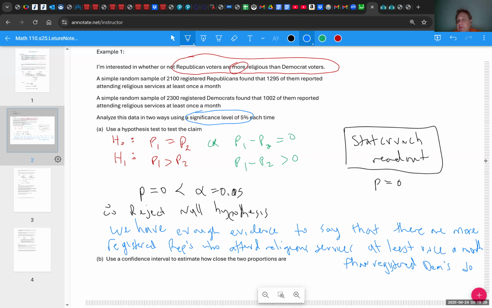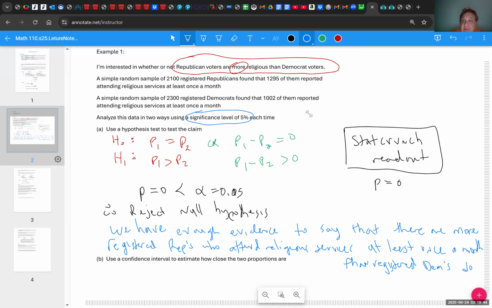Okay, so we have enough evidence to reject the null hypothesis in favor of the alternative hypothesis, which says that we think that the first population proportion is greater than the second population proportion.